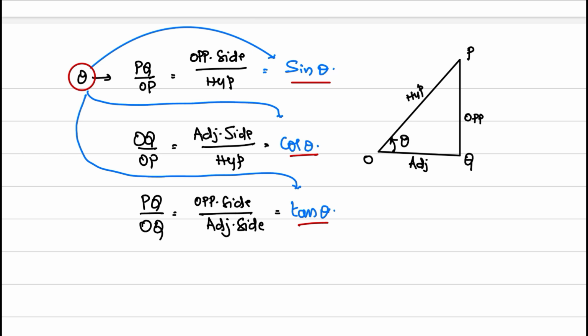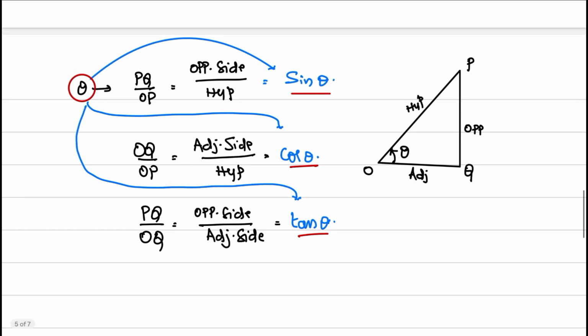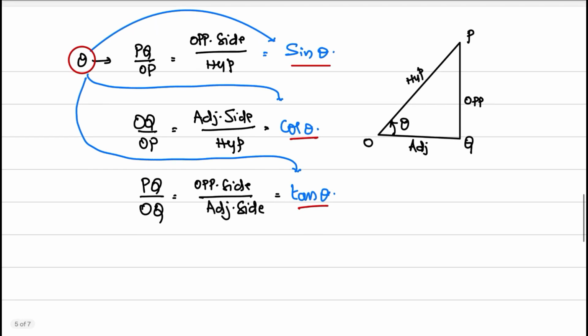These are the three basic fundamental trigonometric identities from which other identities are derived. Now, we will talk about their behavior.